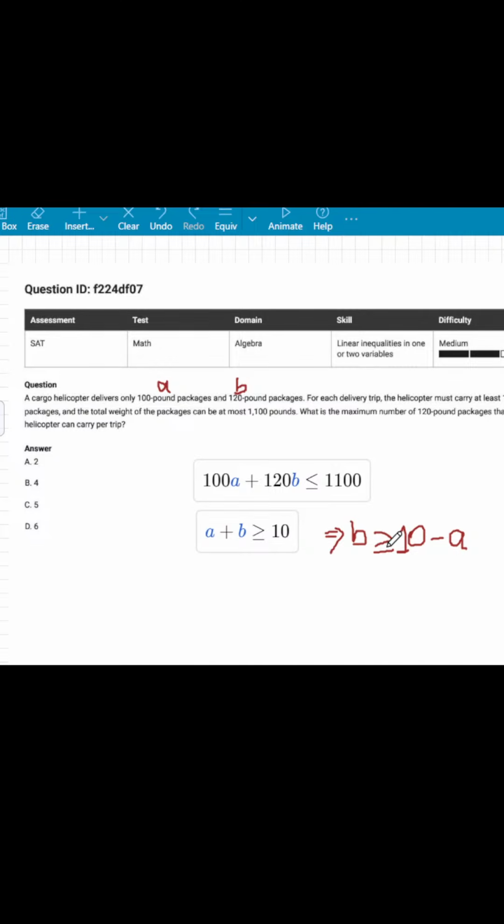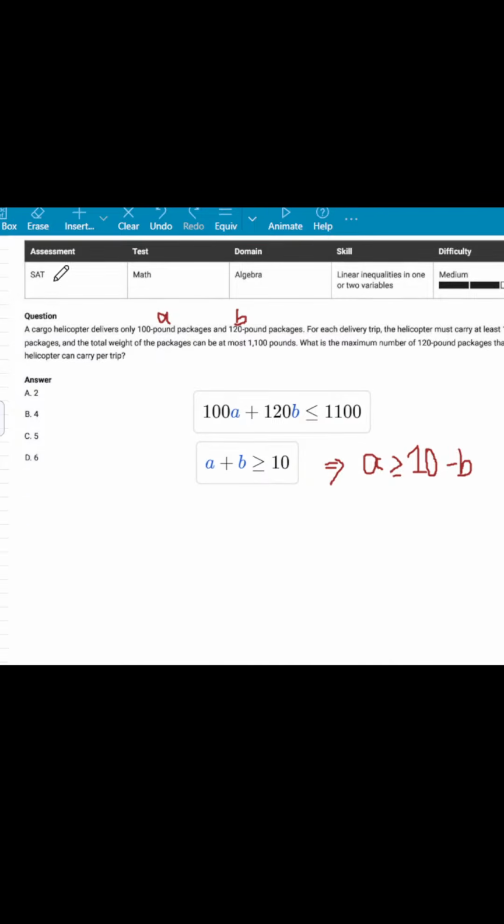So let us instead get the value for A here, because we have to substitute A in terms of B, and then we'll get this whole inequality in terms of B. So we can have A greater than equal to 10 minus B. This means that the number of 100-pound packages must be greater than equal to 10 minus B, whatever is the number of 120-pound packages.